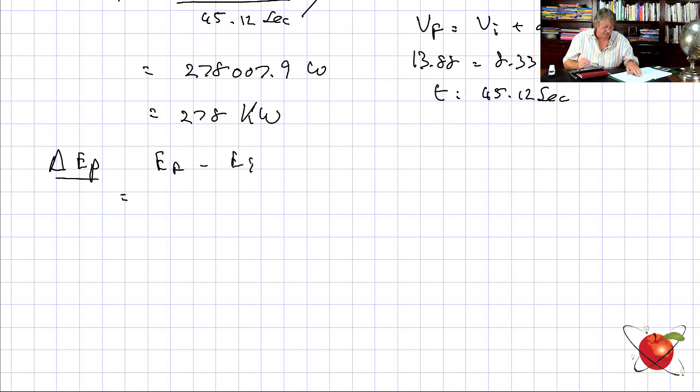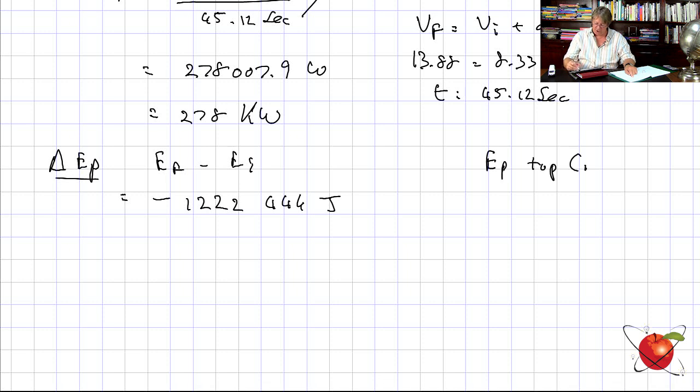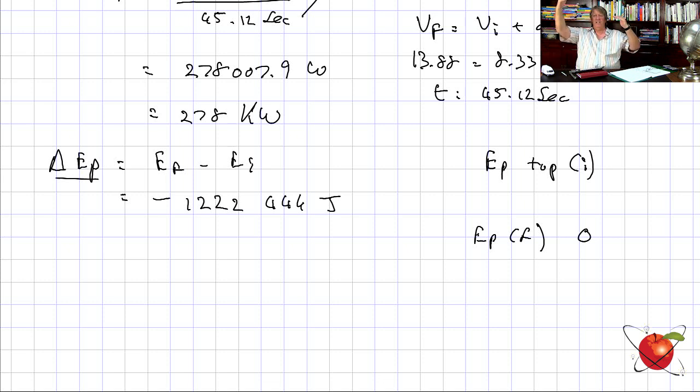E final minus E initial comes out to be, and I did it over here, 1 minus 1,222,444 joules. All I did is I basically took EP at the top, that was initial, and EP final at the bottom is actually 0. Change in EP is E final minus that, so it is negative. Why is it negative? Because it lost potential energy, didn't it? It came down.